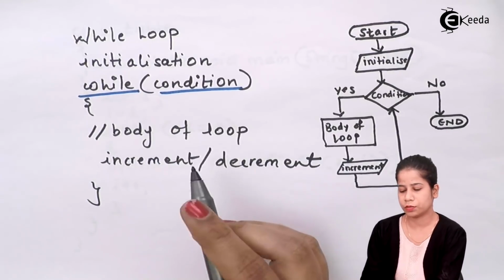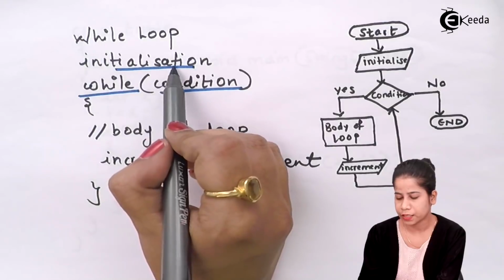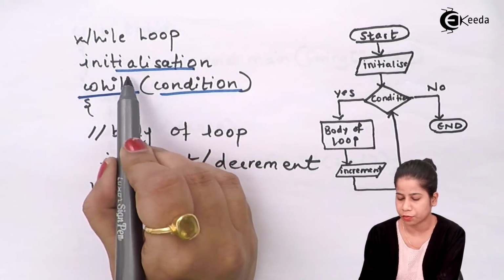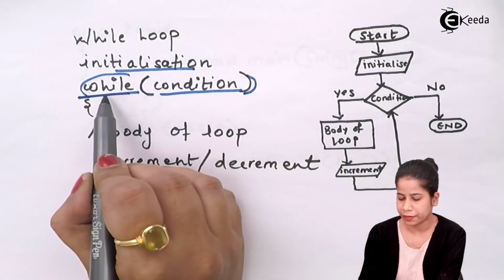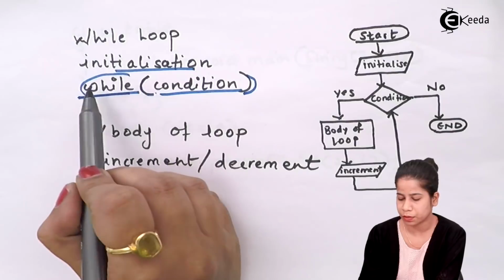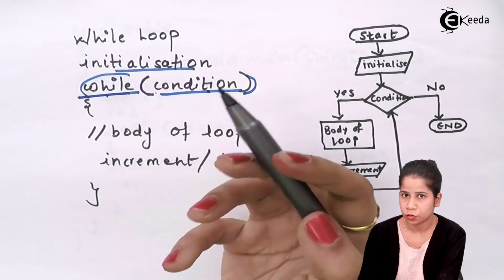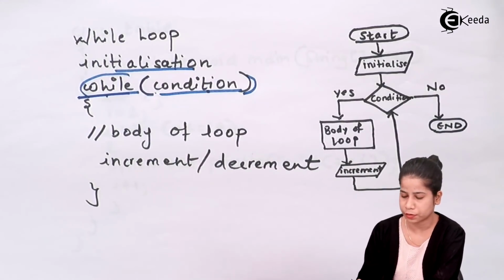So in the while loop, first of all, we have initialization. After that you have to form a condition that you write inside parentheses. If you see this statement, while is a keyword, you write a condition, and to make the condition you can use relational and logical operators.